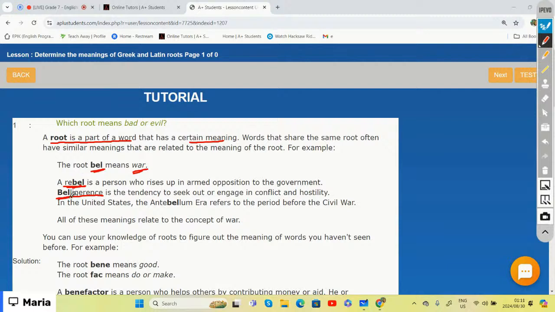And now the last one is antebellum. In the United States, the antebellum era refers to the period before the Civil War.